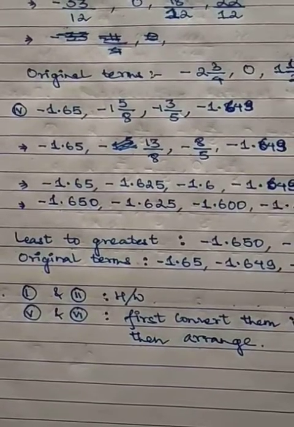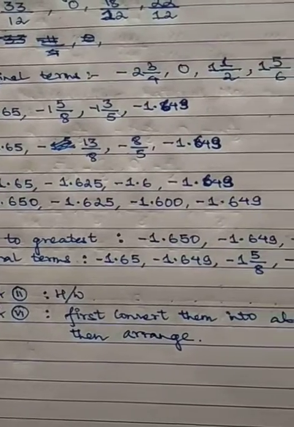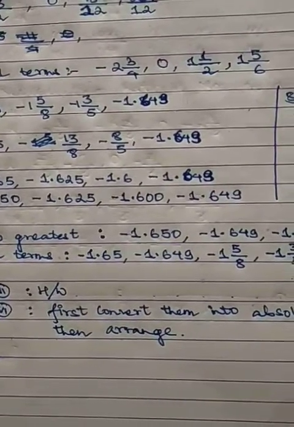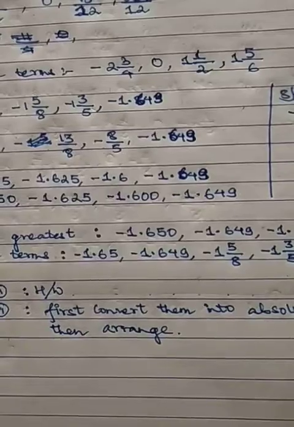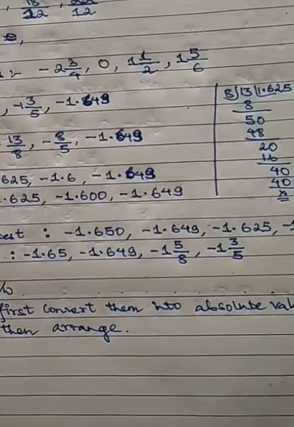The second term already has 3 digits after the decimal, so I've kept it as it is. For the third term, we have minus 1.6 and I have added 2 more zeros. The fourth term is minus 1.6429.